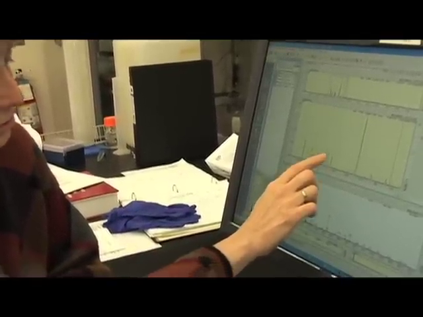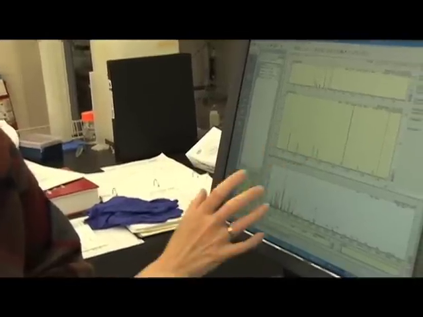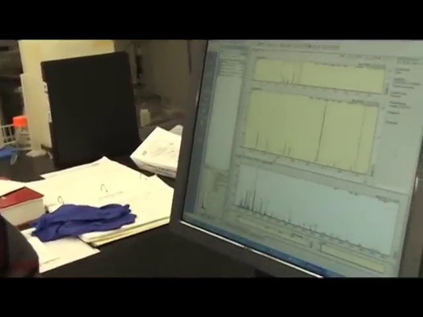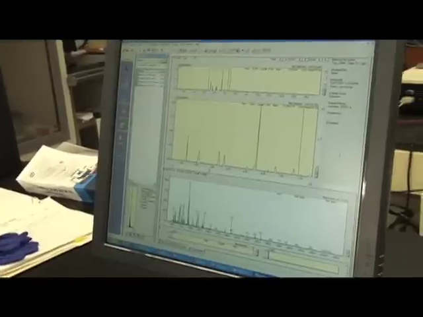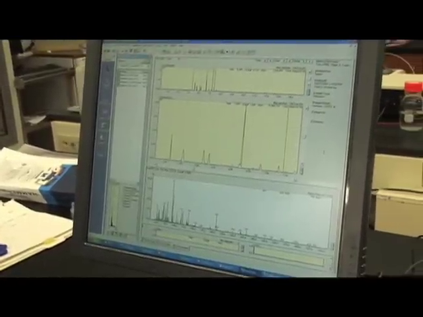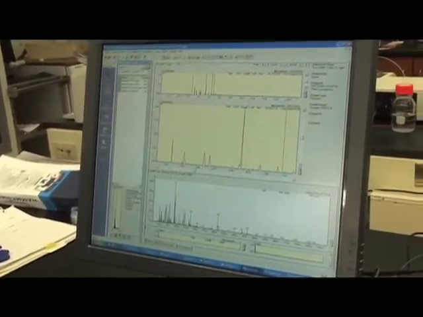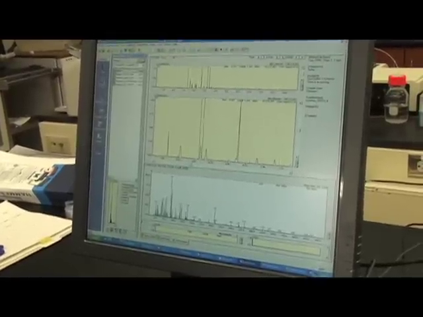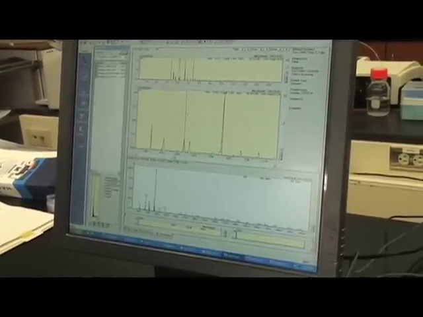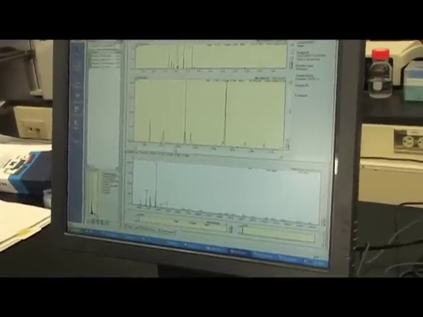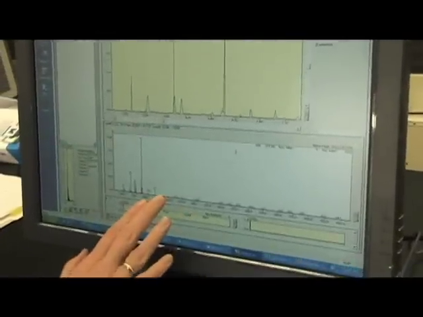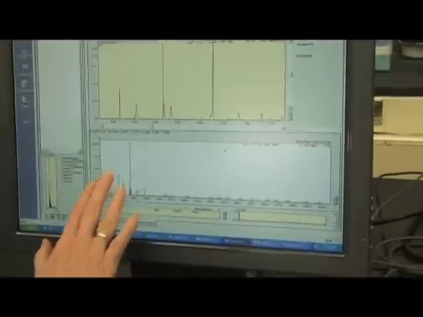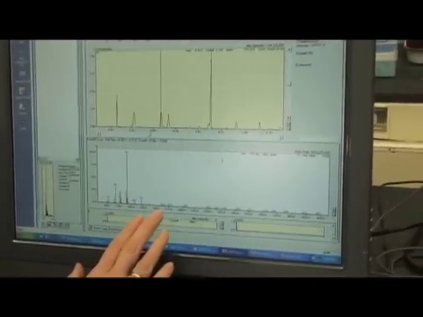It does represent the entire group of molecular ion fragments I was just mentioning. So what I can do now is I can take my cursor and move it over a peak like this. And if we move further down here, what we see is the so-called mass spectrum.